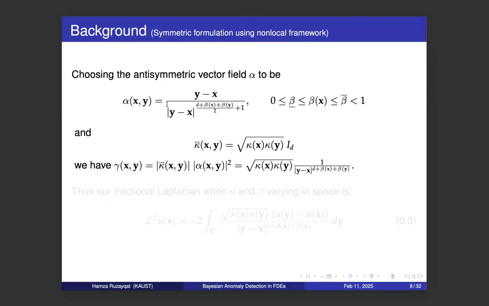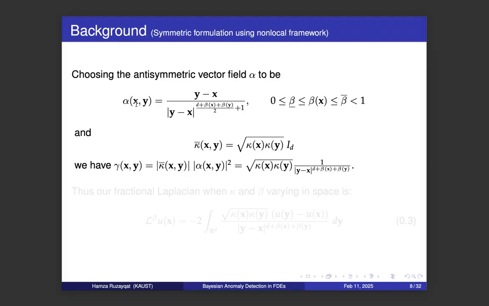Now, since we wanted to mimic the fractional diffusion in the first case, we choose an antisymmetric vector field alpha to be of this shape, and you can see that it's antisymmetric. So if you exchange x and y, then you will have minus y minus x, which is equal to minus alpha xy. And beta of x here is bounded below by beta lower and above by beta upper, and it's less than 1.